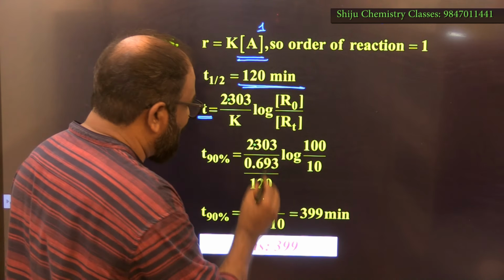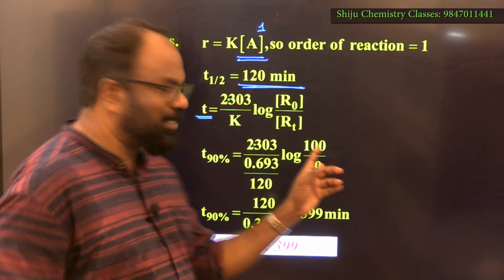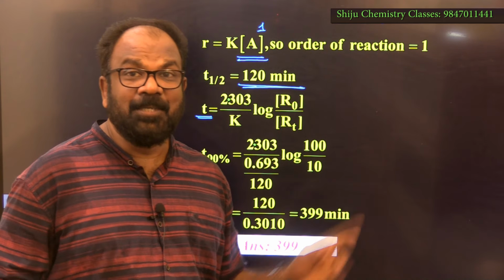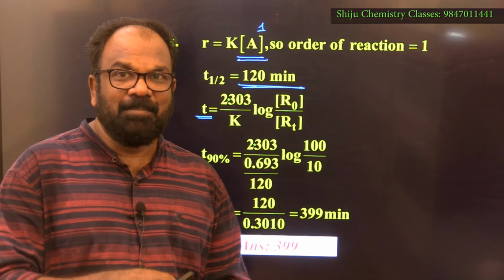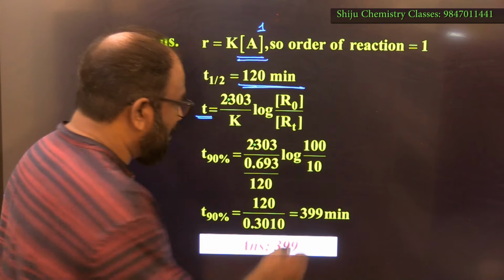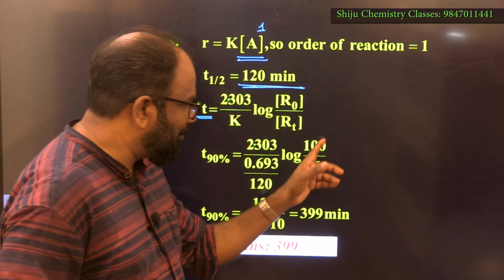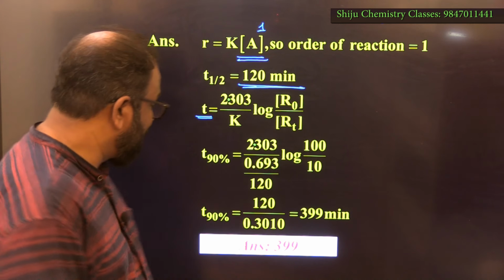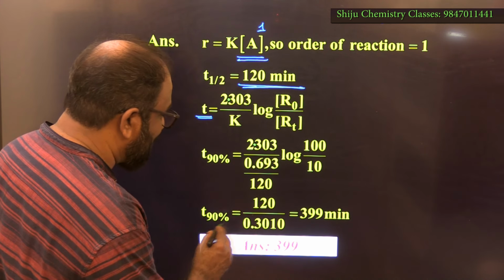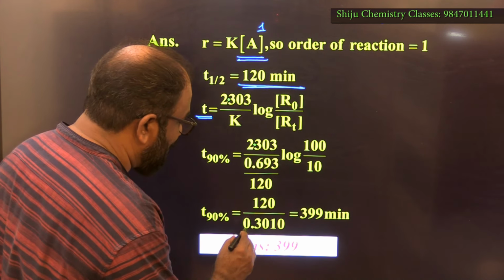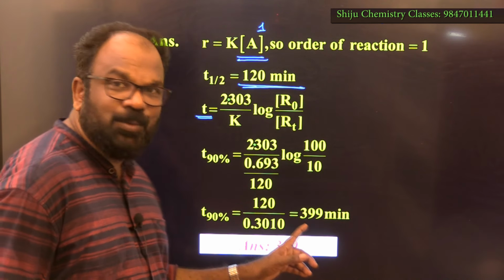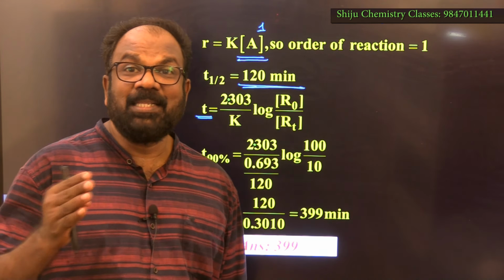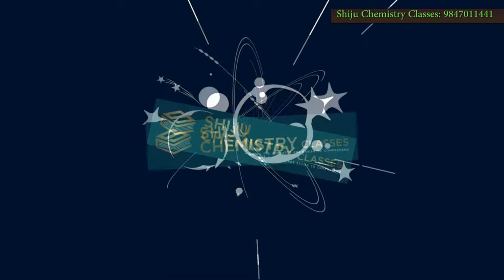Here T half is 120, into log of the initial concentration, we can take it as 100. Then after 90% completion, the final concentration becomes 10. Log 100 divided by 10 is equal to log 10. We know log 10 is equal to 1. Therefore, the equation becomes T 90% is equal to 120 divided by 0.3010. It is equal to 399 minutes. So here the answer is 399.